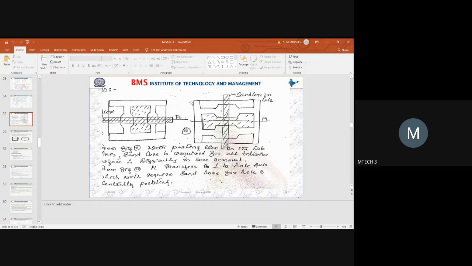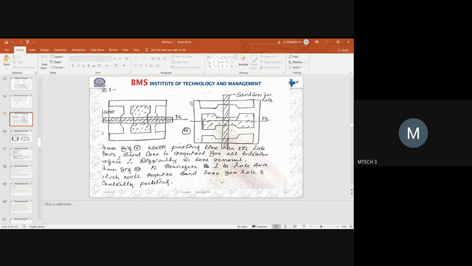For what size of the hole we require a sand core, and for what size we don't require a sand core. Whether we cast it solid and later machine the hole, or we have to cast it, or we have to use the cores. So this is a very important thing, and you are going to get most marks on this chapter.